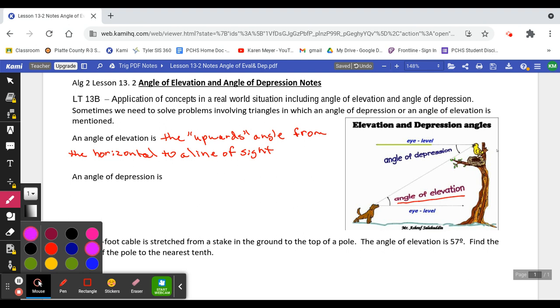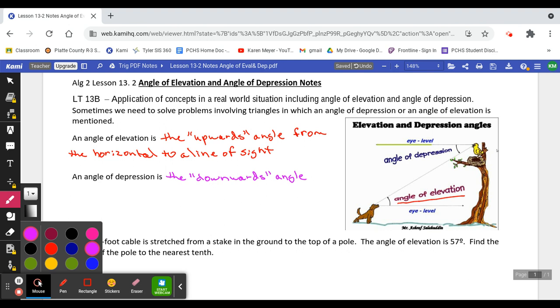Angle of depression is not upwards, but downwards. So it's the downward angle. The bird in our picture is up at the top, up high, and it's looking downward.